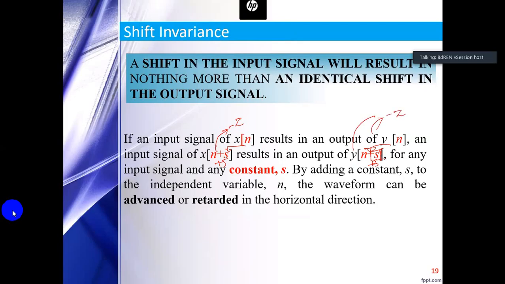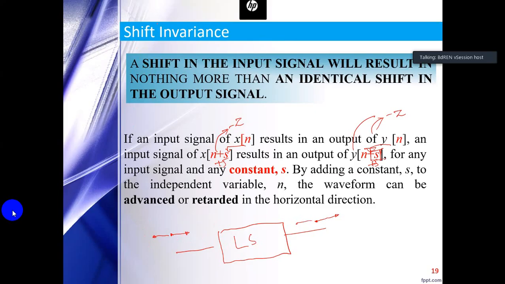That means whether right shifting or left shifting, the linear system input can be shifted right or left, and the only change observed at the output is the corresponding shifting. If the input is shifted right, the output will be shifted right. If the input is shifted left, it will be shifted left, without changing the amplitude.